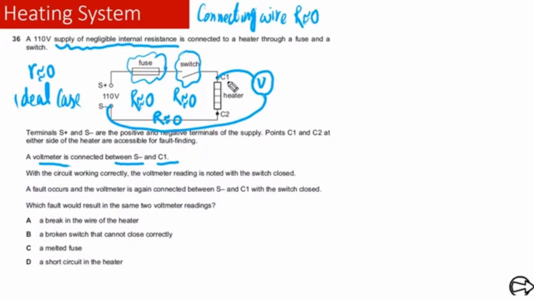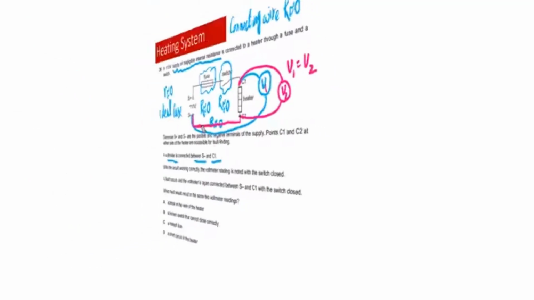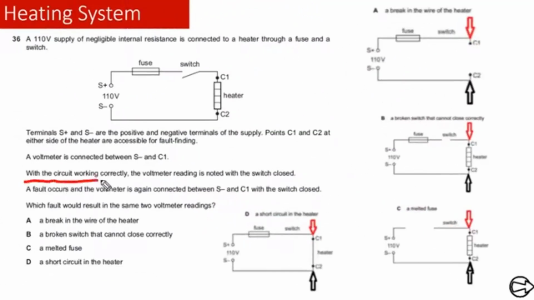So it simply means that if I connect a voltmeter between C1 and C2, these two voltmeters will give us the same reading. So in this case, V1 will be equal to V2 because this wire is an ideal wire and there is no voltage loss.